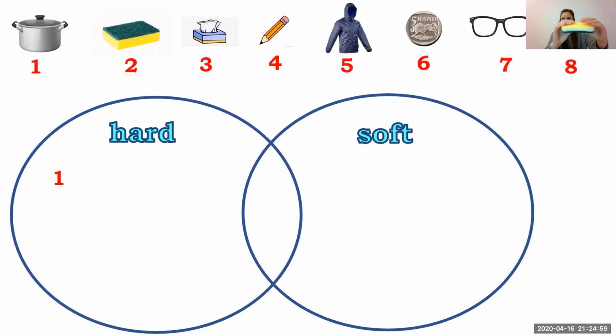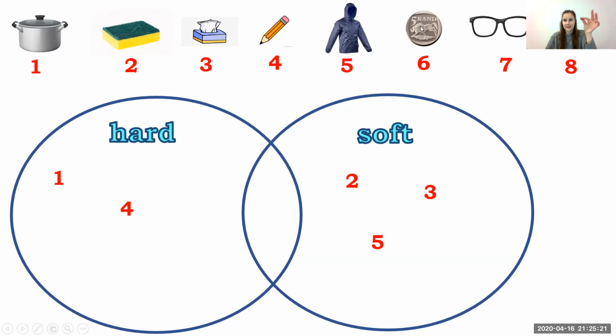Next we have the sponge. Can you see the sponge? It is very soft. So we put number 2 under soft. The tissue is also soft. The pencil is very hard. The raincoat is very soft.